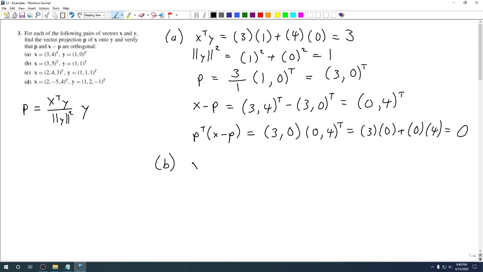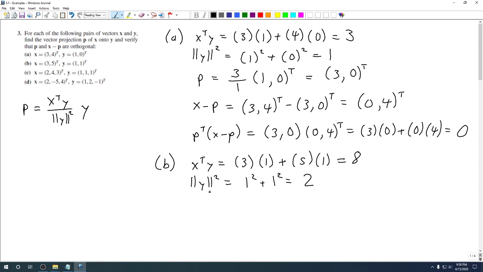What about b? Do the exact same thing. x transpose y. This time it's 3 times 1 plus 5 times 1. We get an 8. Magnitude of y squared. Now we have 1 and a 1, so 1 squared plus 1 squared gives us a 2. p in this case is 8 over 2 times our y, which in this case is 1, 1 transpose. So we're going to multiply by 4. We have 4, 4 transpose. x minus p.